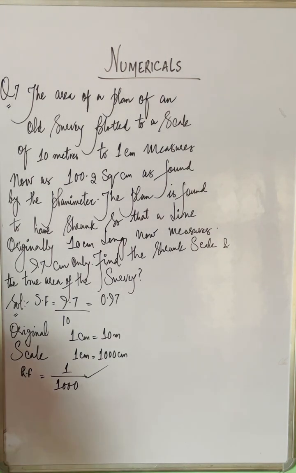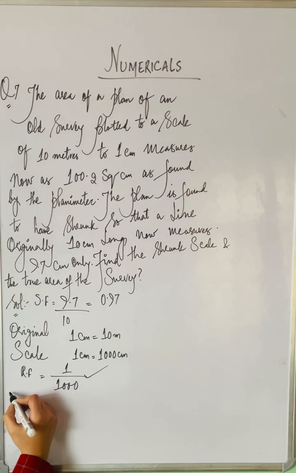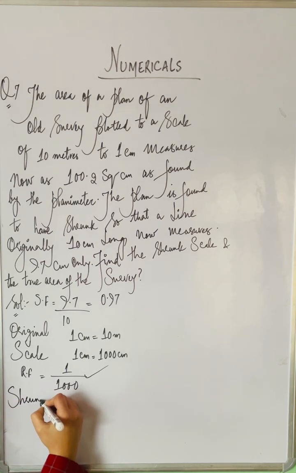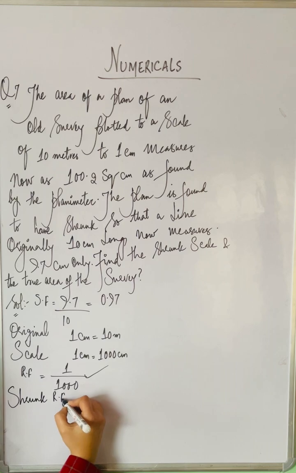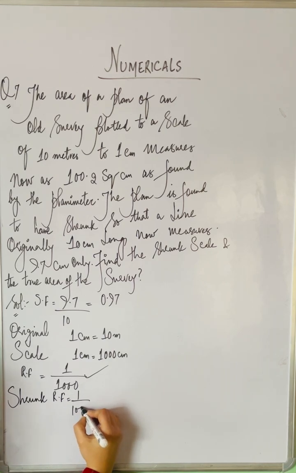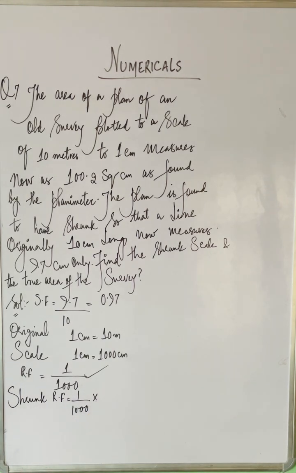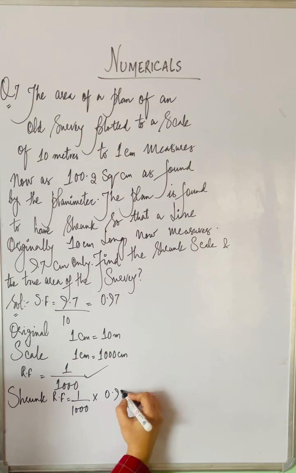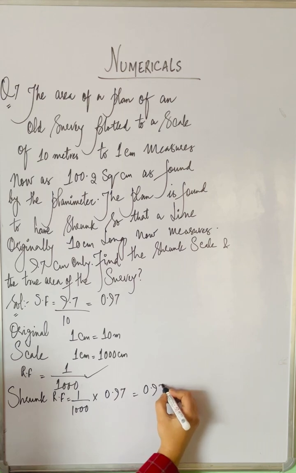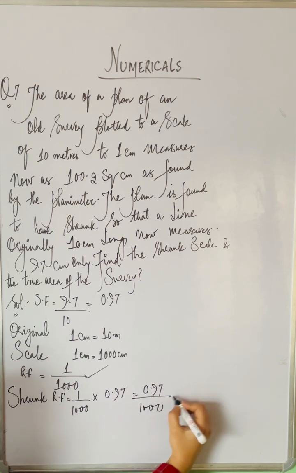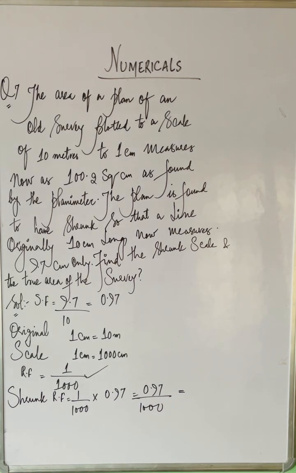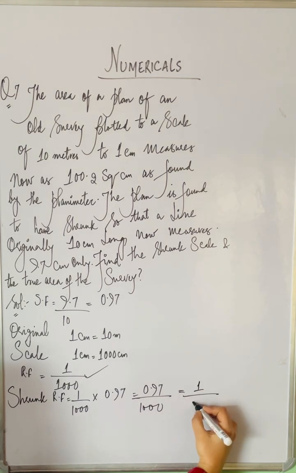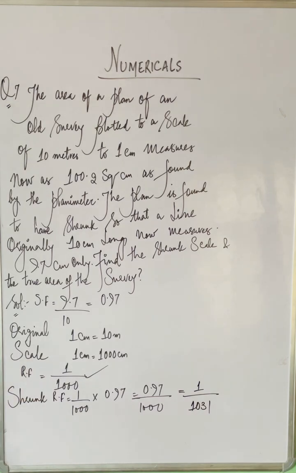So our shrunk RF will be original RF multiplied by shrinkage factor or the shrinkage ratio, which is 0.97, which will come equivalent to, after calculations, the following. What does that mean?